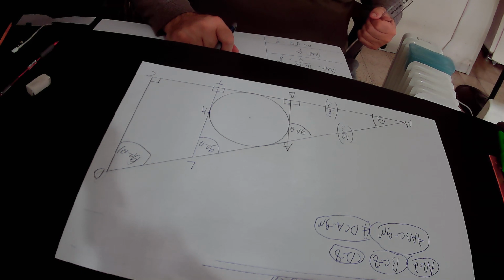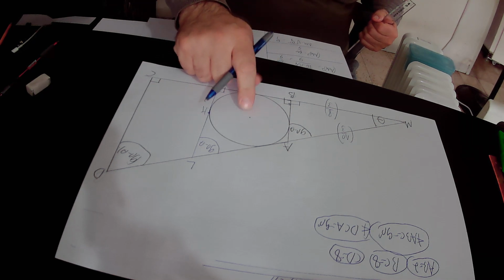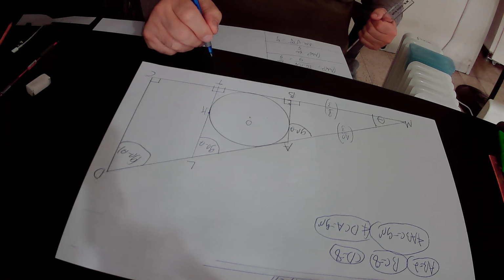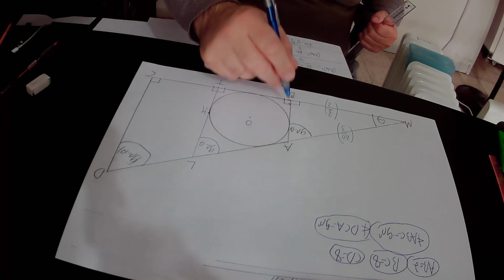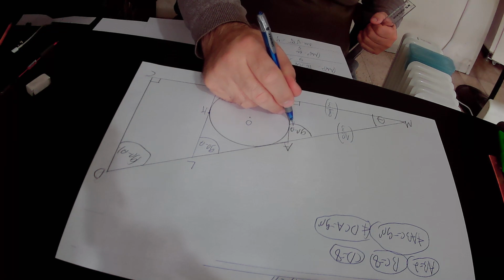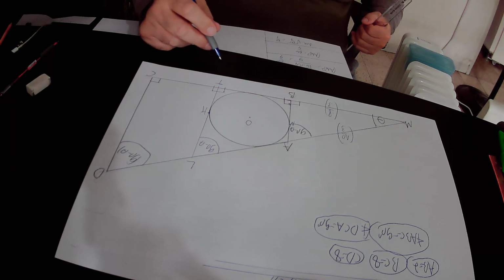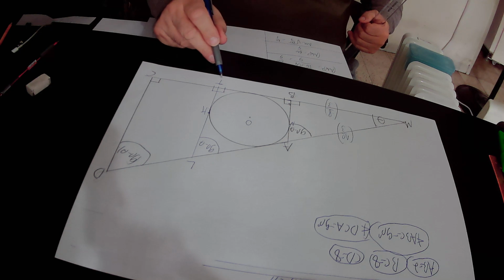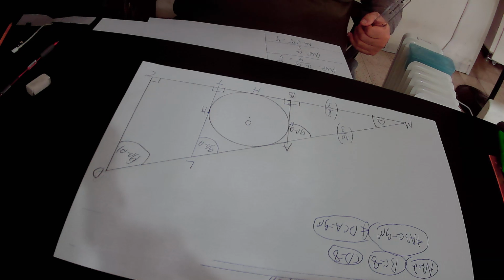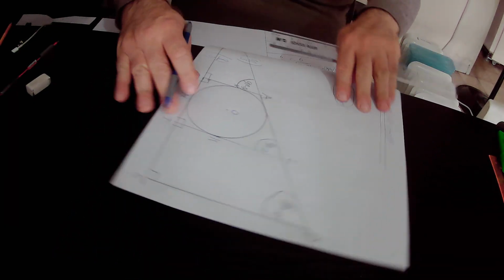In the next step, we define the center of this circle as O. We define the point of tangency of tangent AB with this circle as point N. We define the point of tangency of tangent BT with this circle as point H. We join points O and H together by a straight line.